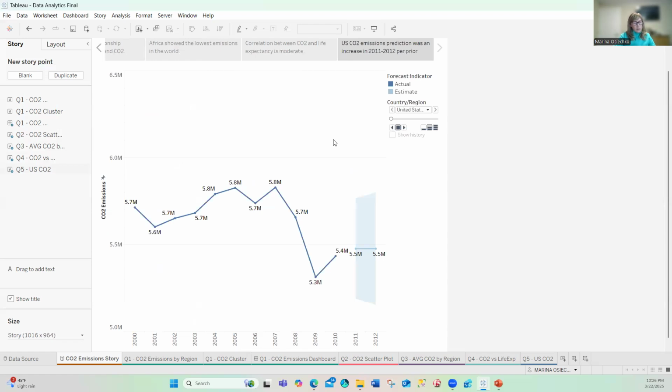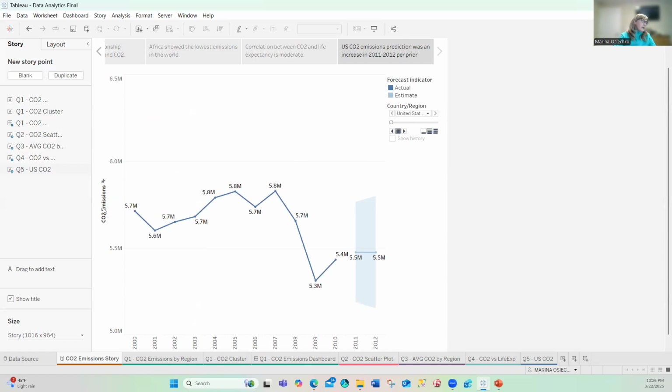And our last question is, what were the CO2 emissions in the United States in 2010, and what predictions can be made regarding future CO2 emissions in the country? And here you see CO2 emissions over time in the United States.